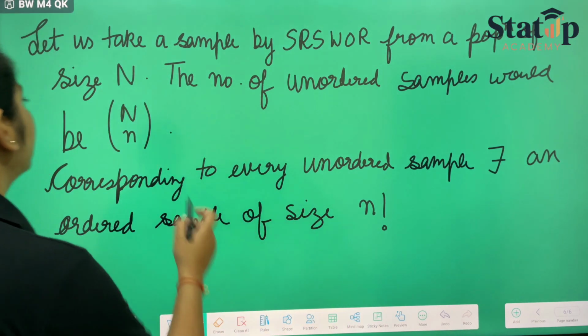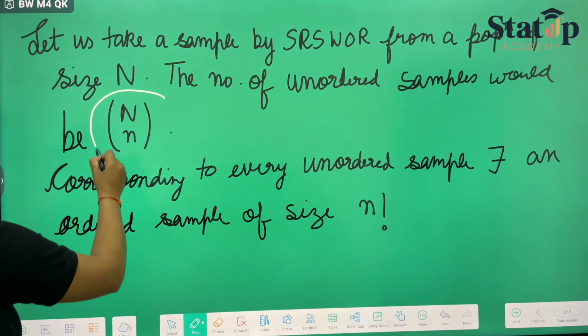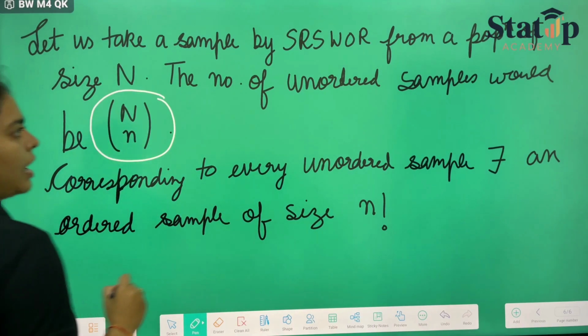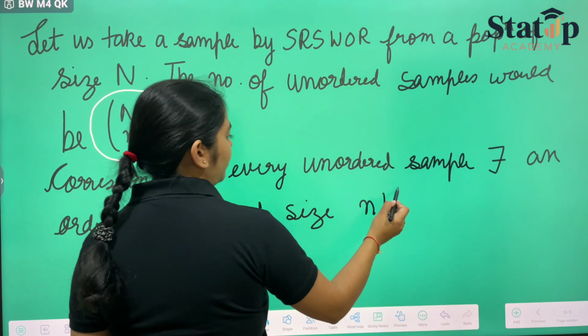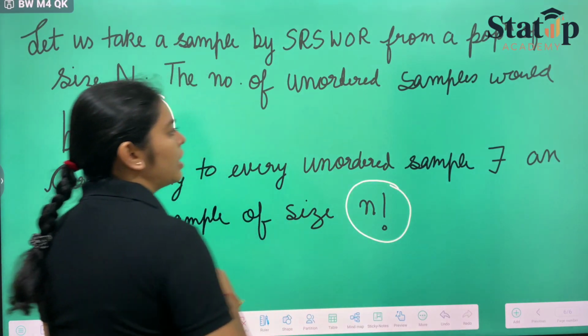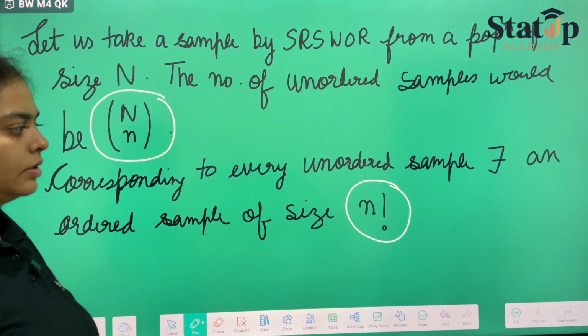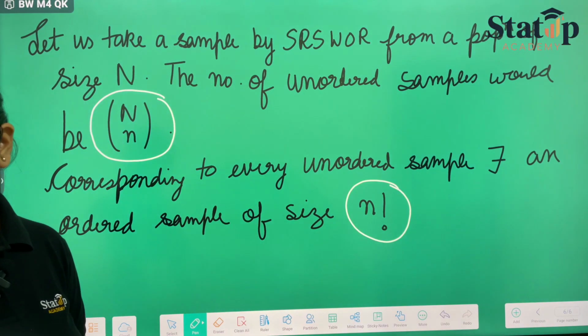All we want to know is that the number of unordered samples is NCn and the number of ordered samples is n factorial. We'll do two examples based on this so that it will be more clear to you.